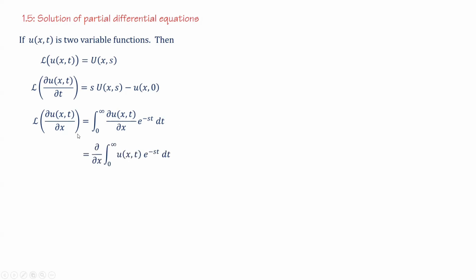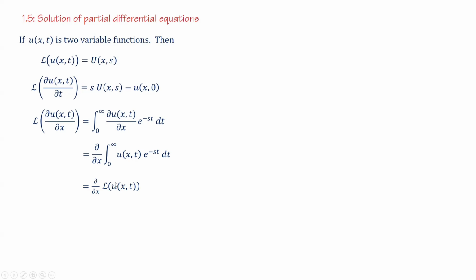And then this integration and derivative will be exchangeable. So we take the partial derivative with respect to x outside, then it will be u(x,t) e to the power minus st dt. And this one is the Laplace of u(x,t).